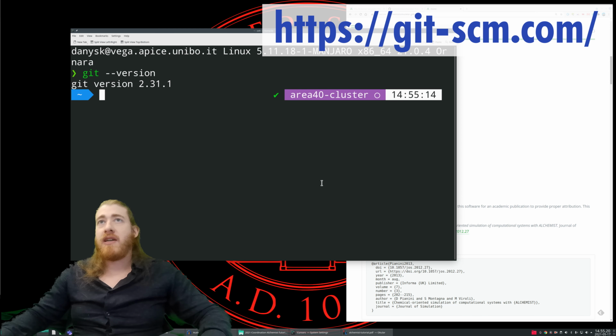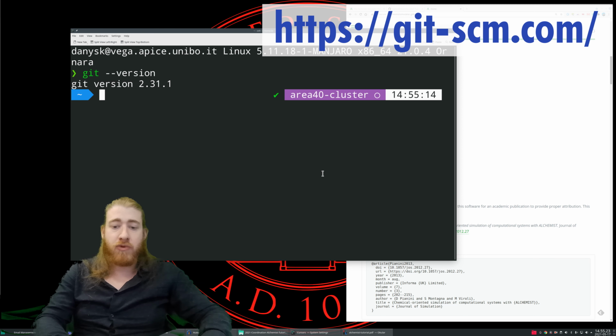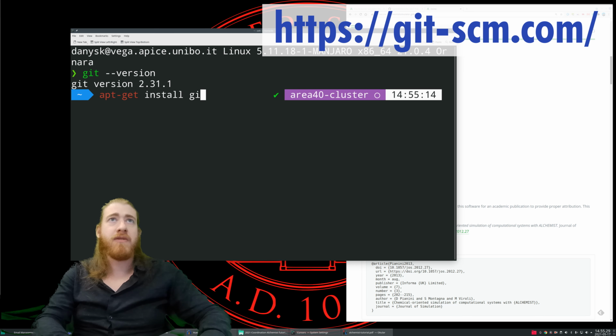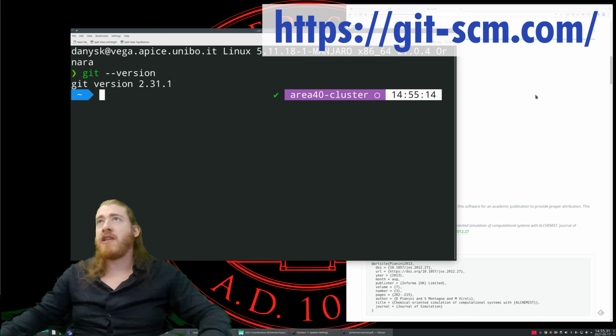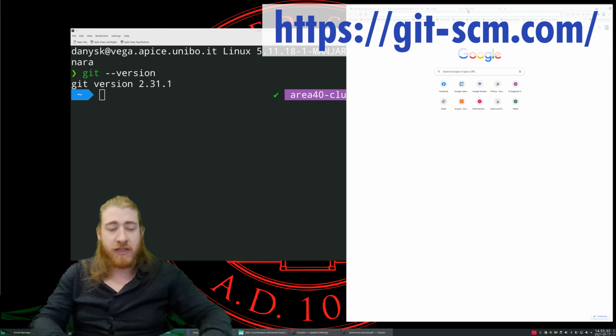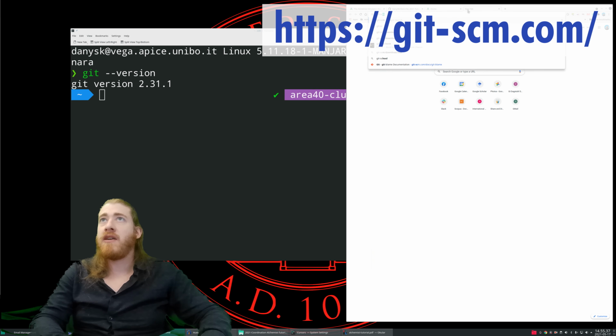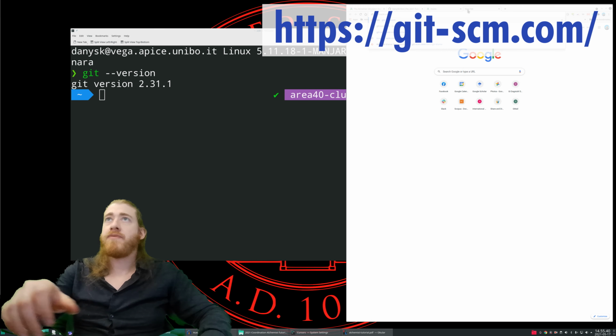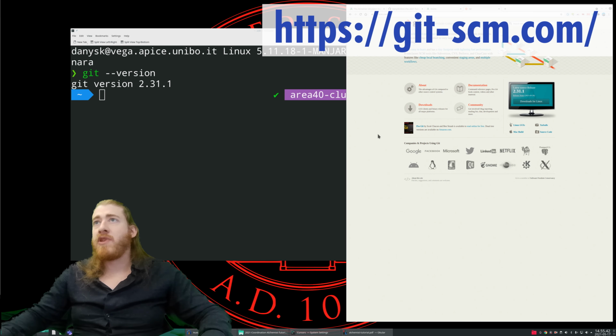It's my case. If you don't, if you're on Ubuntu, something like apt-get install git should work. For other systems, my suggestion is to go to git-scm.com, and from this page you should be able to download it for multiple systems.